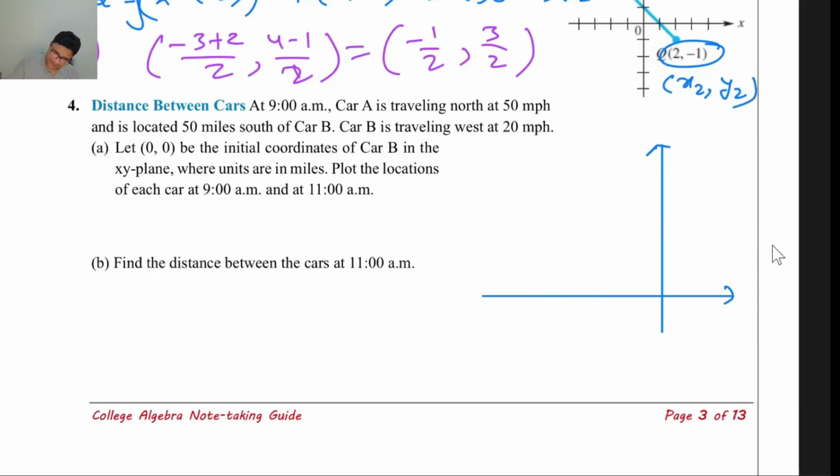Okay, this car A is traveling north in this direction. Okay, by the way, this will be north, south, east, and west here.